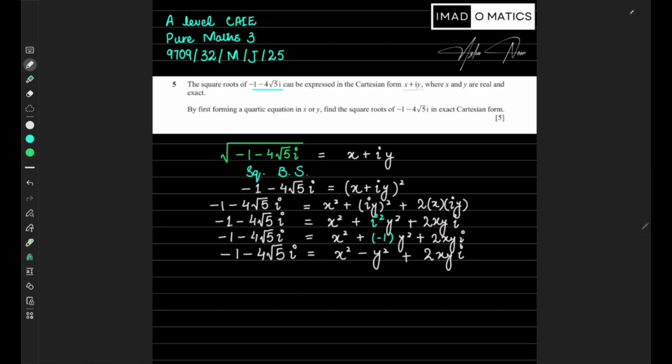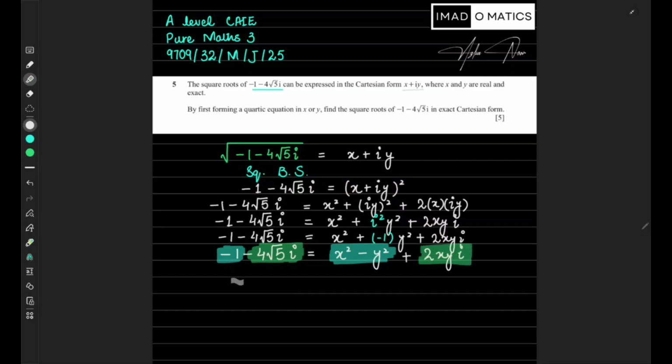Now when you get this expanded form, you compare the real part with the real part, and the imaginary part with the imaginary part.